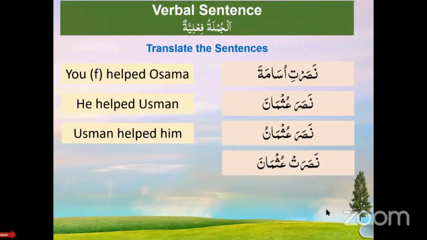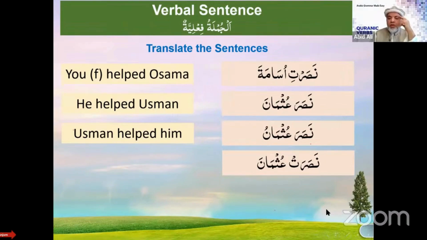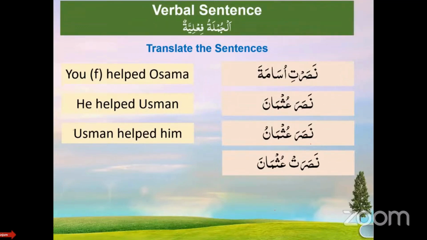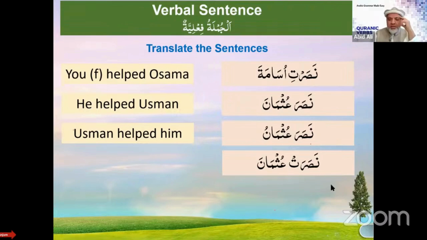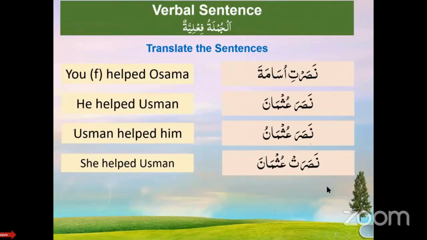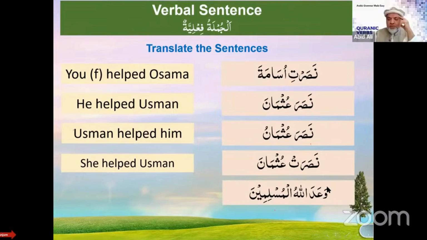Usman is Nasab. So is he in the capacity of helping? No, she helped Usman. Everybody agrees on this one, that she helped Usman. And this is the Siga number 4. Yes, Jazakallah. Very good.